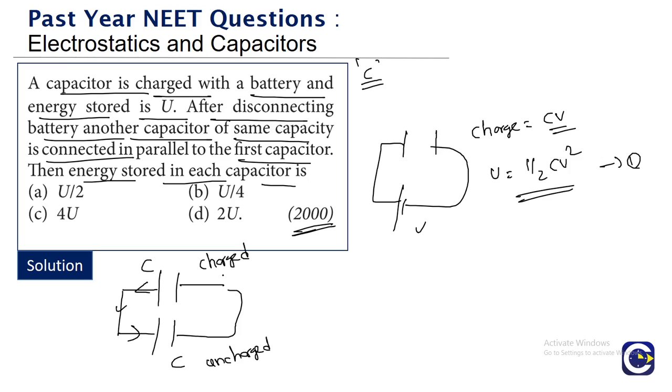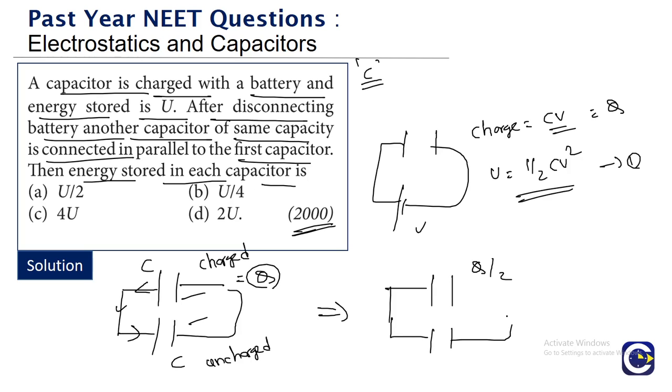So this is having a charge Q. What is the Q value? C into V, right? So finally, because they are identical, there will be equal distribution of the charge. Both of them will have a charge of Q by 2 and Q by 2.